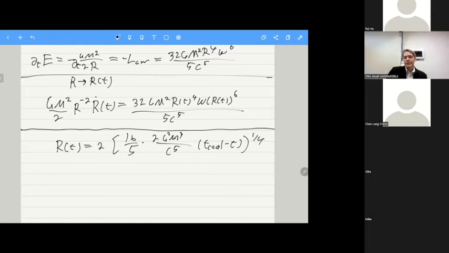So it doesn't matter too much. Let me explain what the formula actually means. The m is the mass as usual, but as time goes on, we get closer and closer to the two objects merging.